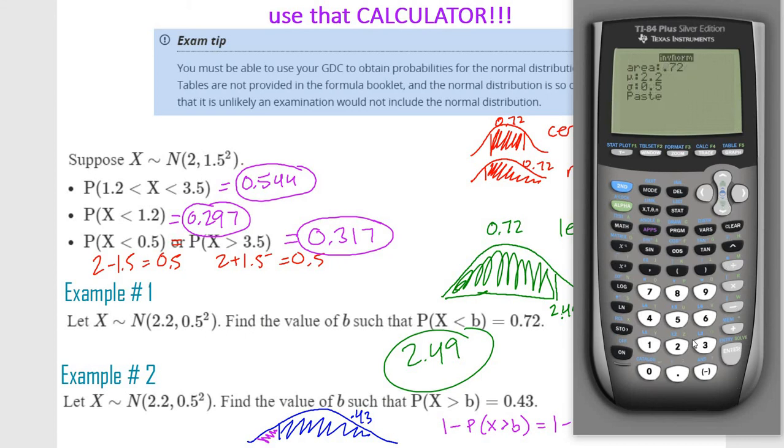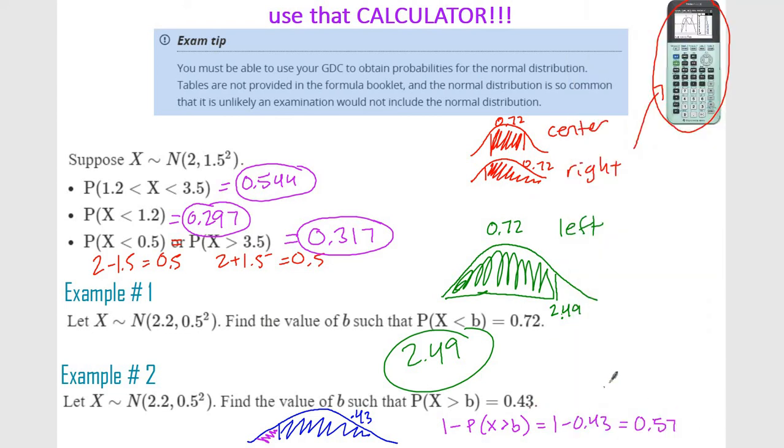So inverse norm, the area is now 0.57 with the left side, 2.2, 0.5, paste. So we get 2.29 if we were to round that. Okay, so this value b ends up being 2.29.